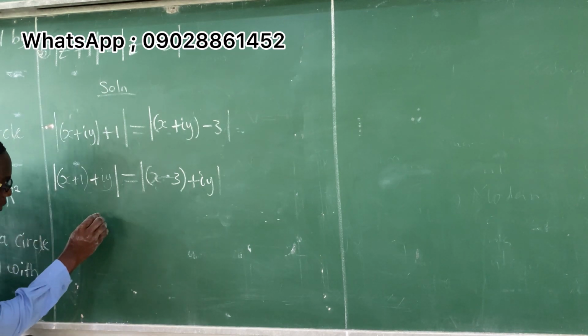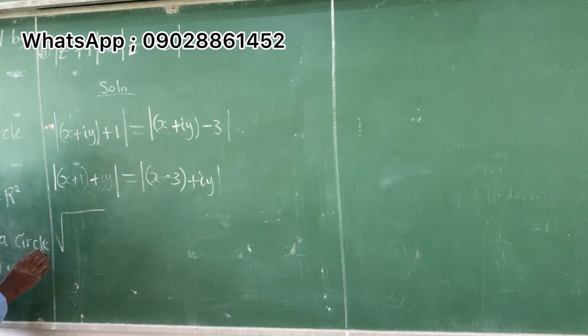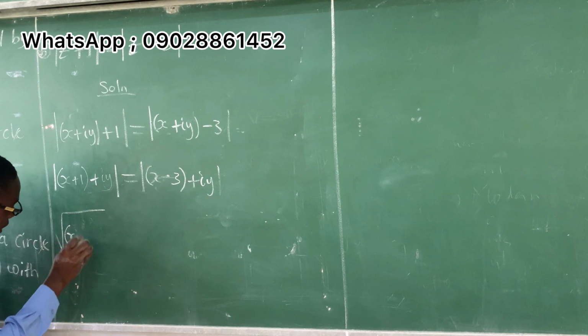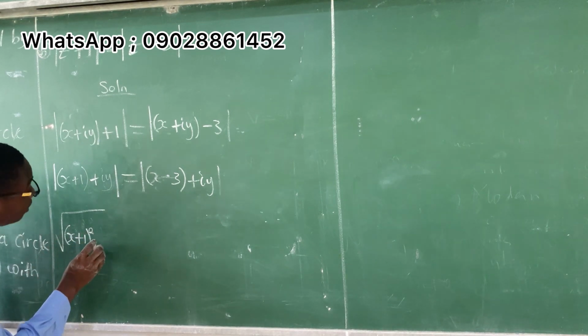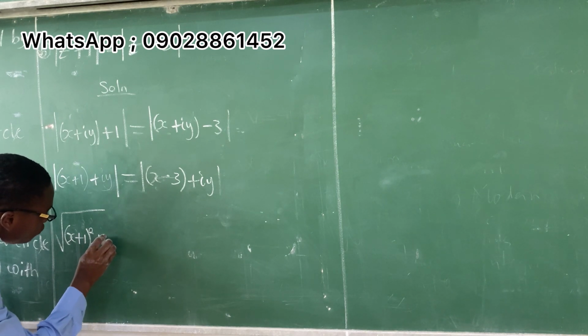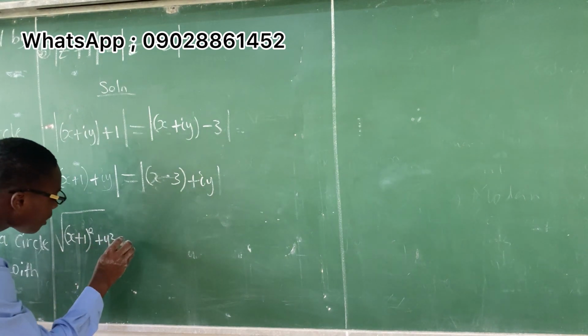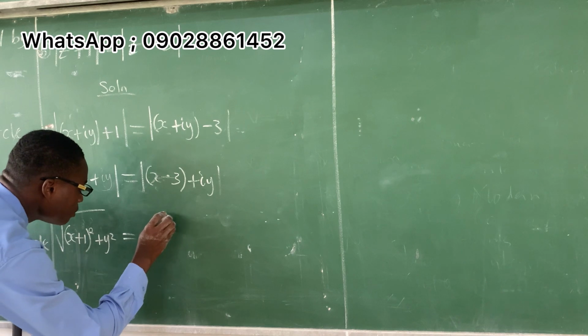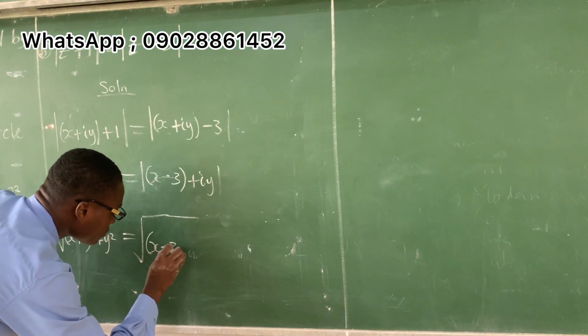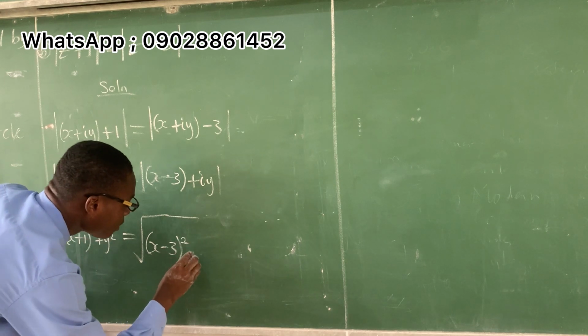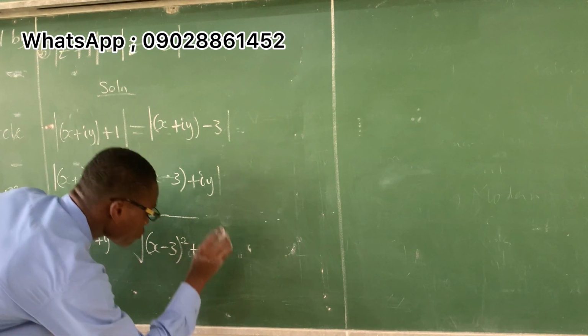So we are going to have the square root of x plus 1 all squared plus y squared, and this is equal to the square root of x minus 3 all squared plus y squared.